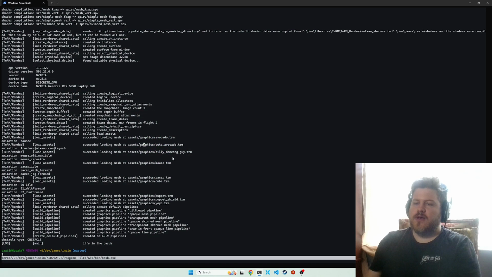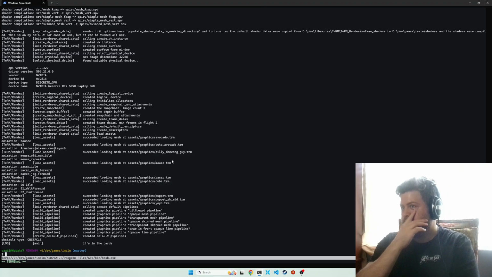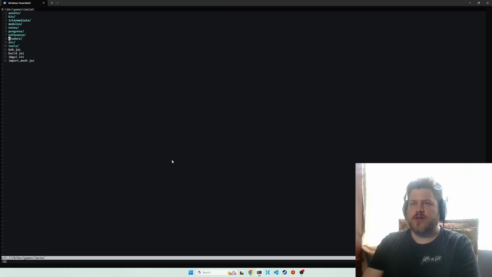Okay, so first thing is I need to get the dev GUI back showing, but I don't want it to take up as much space as it was. The first thing is probably just bringing down the font size in the renderer of the dev GUI just a little bit.